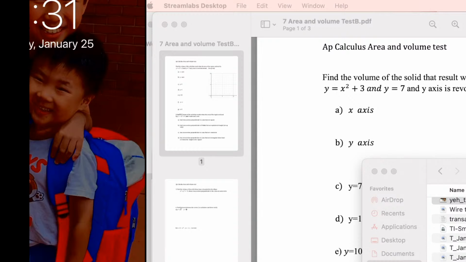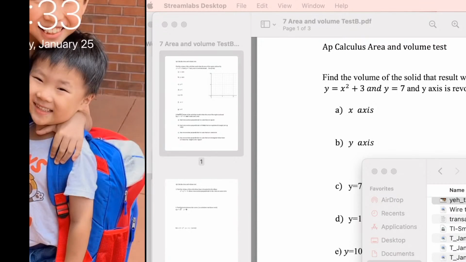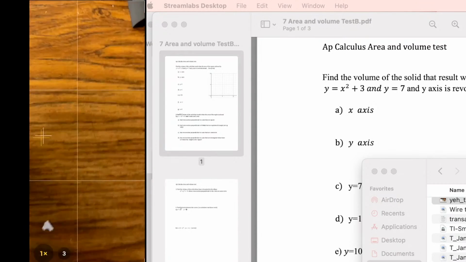And then there's a bunch of different topics. Calculus, just do calculus. Just use calculus, calc 1. But it's asking for only one.